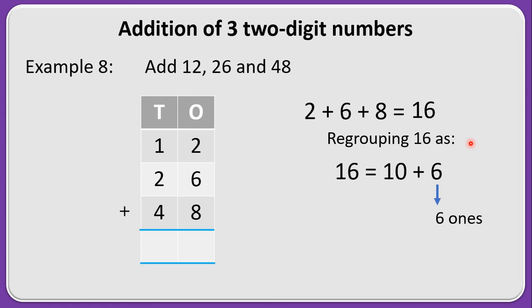Here there are 6 ones and one 10. We will write down 6 here in the ones column, and we will take over this one 10 to the tens column and consider it for addition in the tens column with the other digits. So 1 plus 1 is 2, 2 plus 2 is 4, 4 plus 4 is 8. So here we will write 8. So 86 is the sum of 12, 26 and 48.